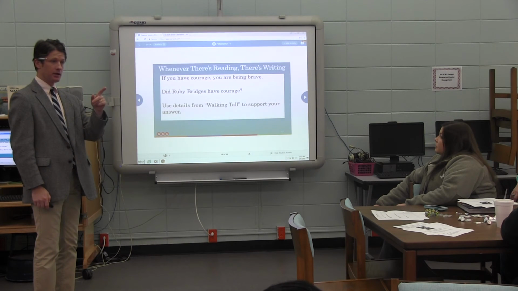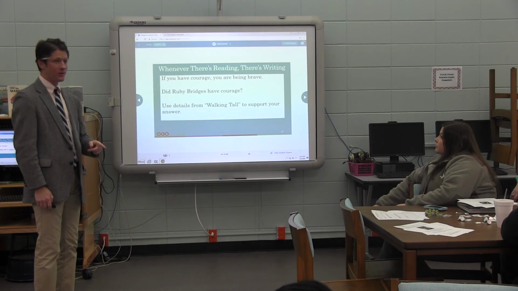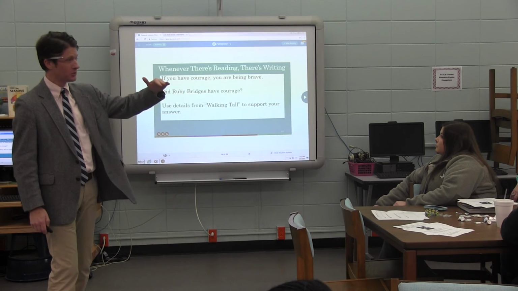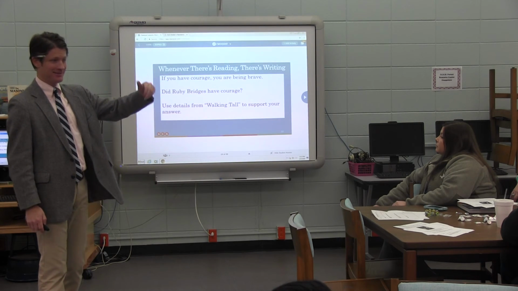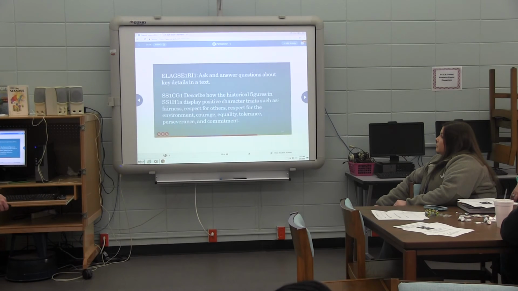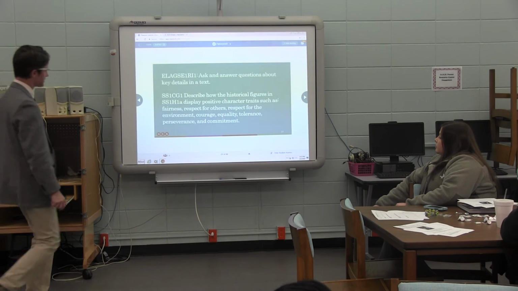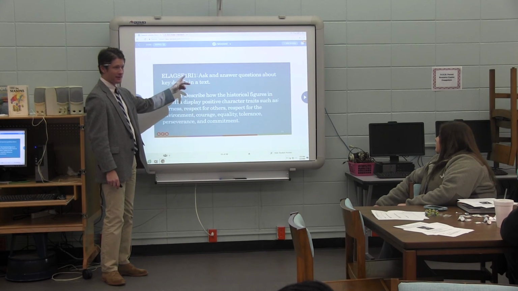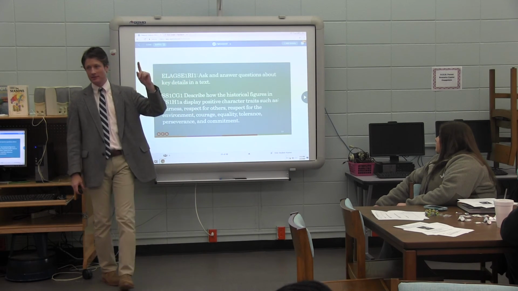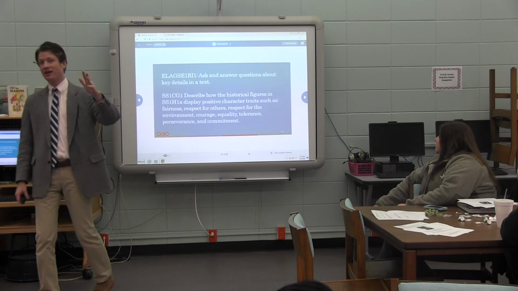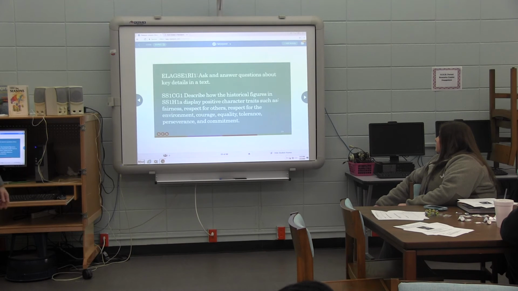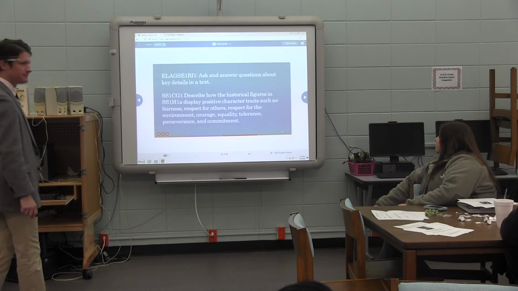Planning and pre-writing. Let's see what we get. Draft 1. And there's a lot of good writing and structure that can occur between draft 1 and draft 2. So here goes. Oh, I do want to say this. Notice dual alignment here. Not only to one of the reading standards, but to one of our social studies content standards. Anytime I have a chance to do that, I'm doing it.